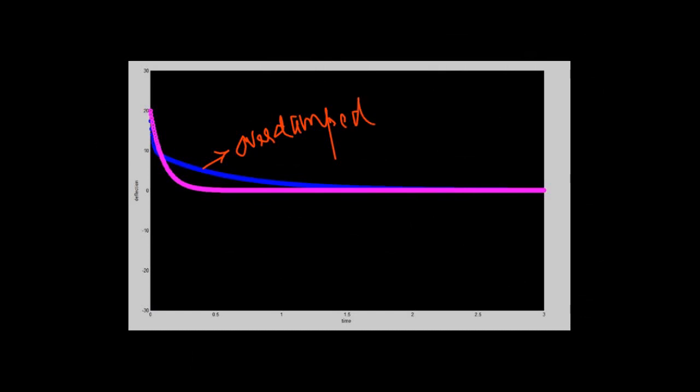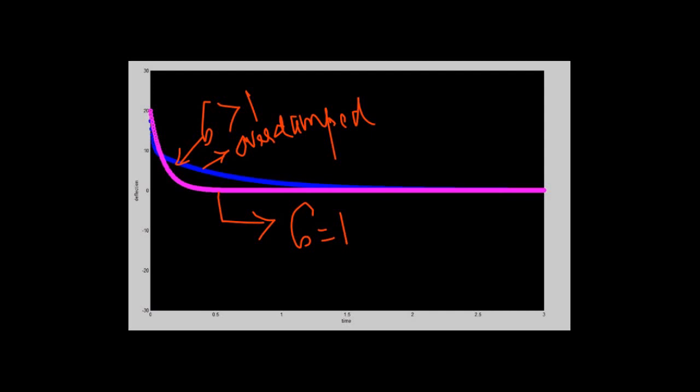And this is the response for a critically damped system, that is when the value of eta, the damping factor, is equal to 1. Here the damping factor is greater than 1. Obviously you can see that when the damping factor is equal to 1, the mass comes back to the equilibrium position in the shortest time.